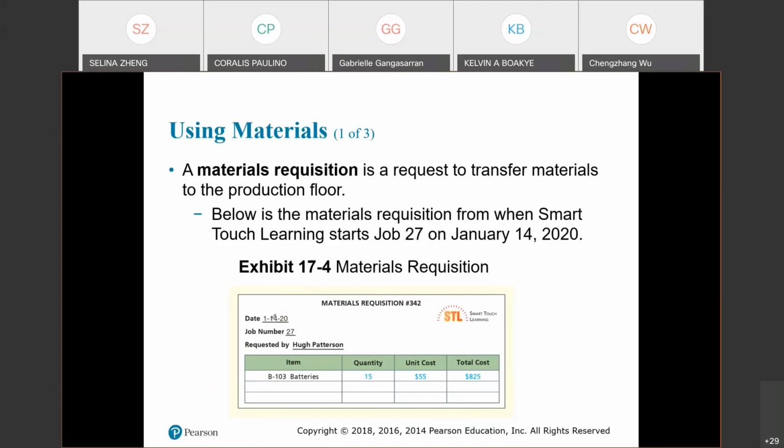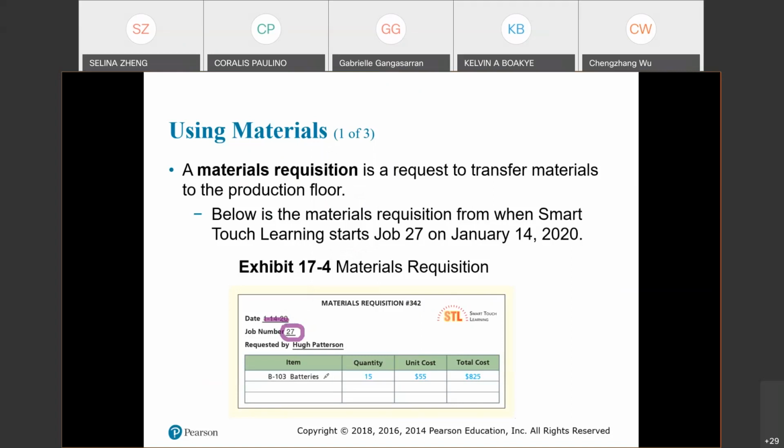First of all, the date, as I said, January 14th. The job order 27, which is the job that we will focus on in this chapter, requested by a person's name.